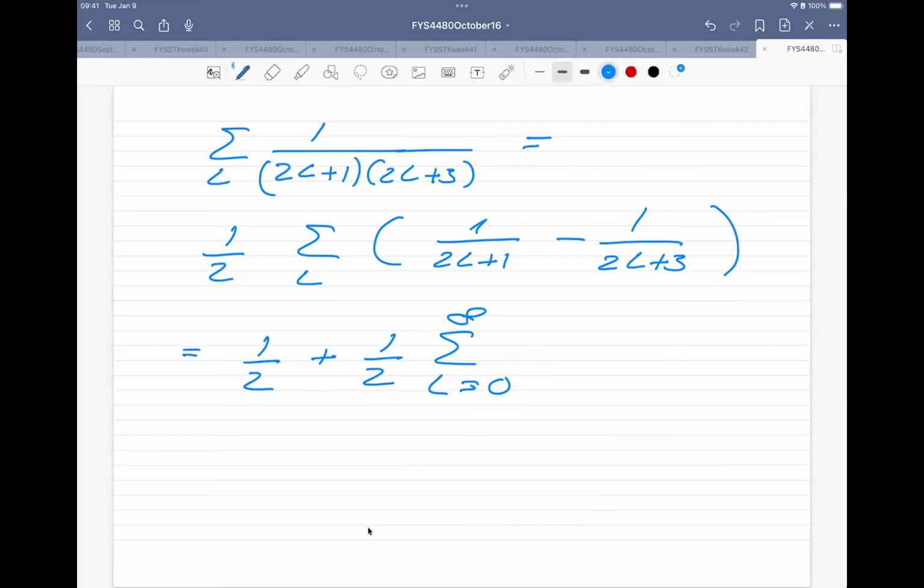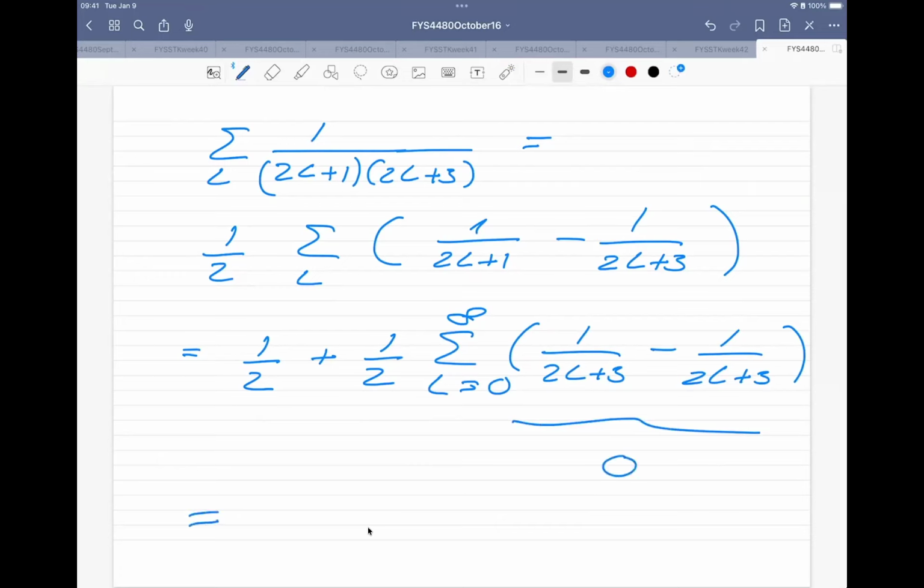And what I get then is simply 1 over 2L plus 3 minus 1 over 2L plus 3, and that is the famous number 0. So this gives us 1/2. That's a nice way to calculate that integral.